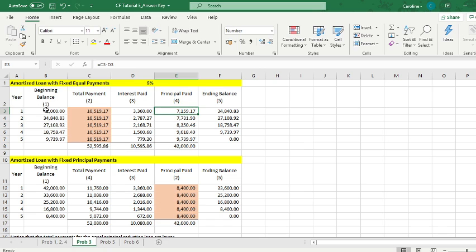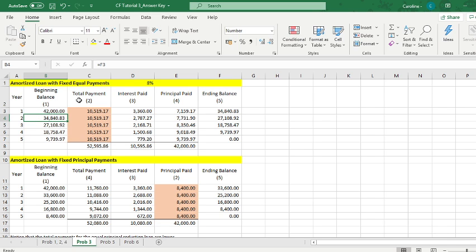So you need to find the ending balance by subtracting the principal paid from the beginning balance, not the total payment. Okay, and you find that the ending balance is 34,840.83. This ending balance in year 1 will be the beginning balance in the second year.